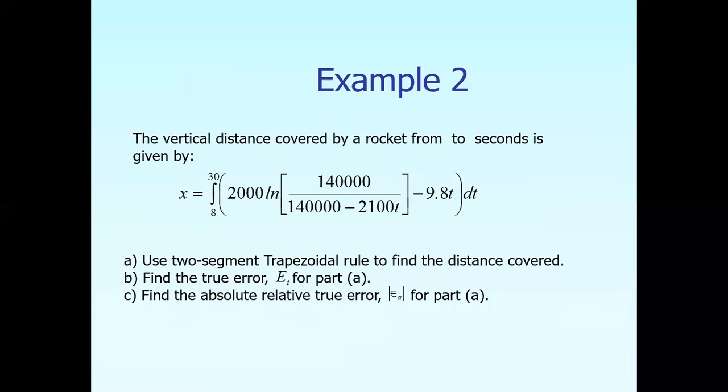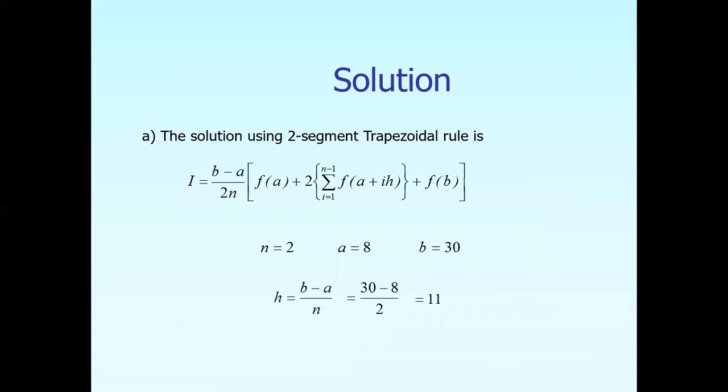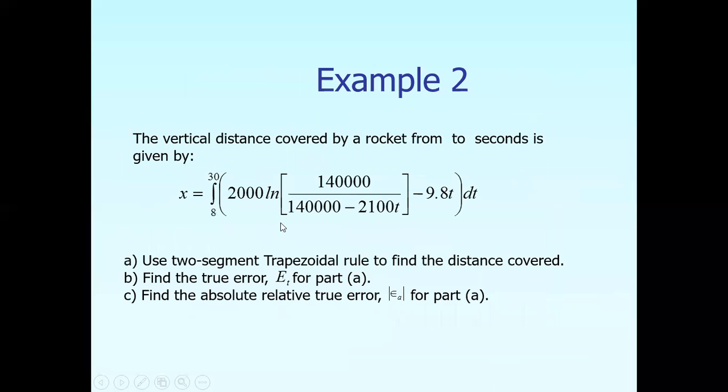Then by using that we can find the integration, that is, suppose in that segment, b minus a upon 2n into f of a plus 2 into the remaining terms plus f of b. This is your formula.